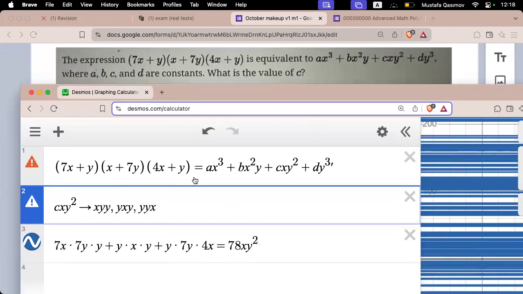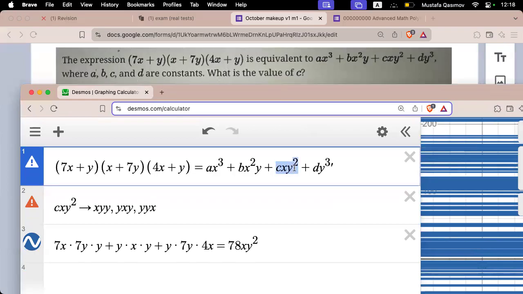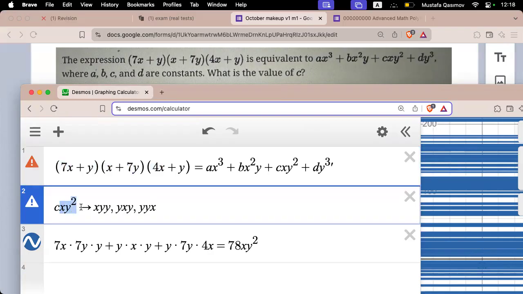So it means that for this cx, we will have another xy square from here. So how can we get xy square like xyy, yxy, and yyx? Then you have to find their values, add them, and you will get 78 xy square. Is it clear?